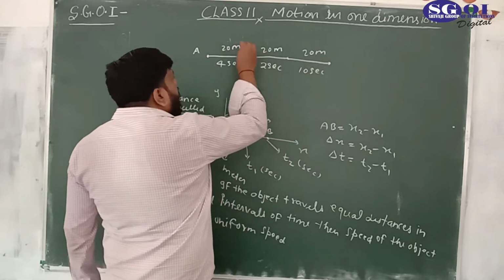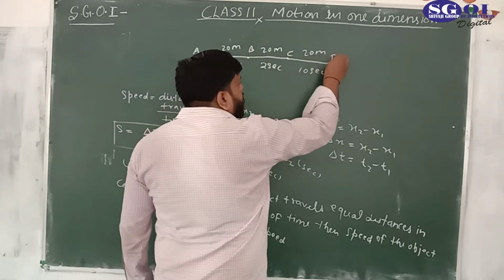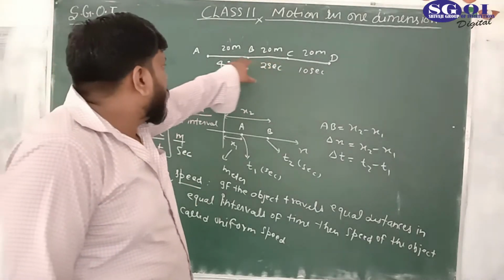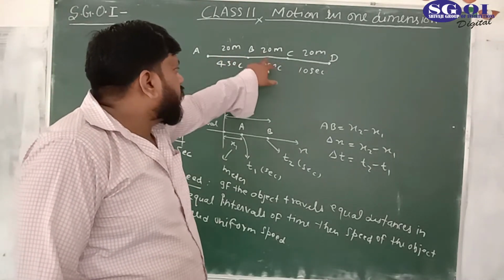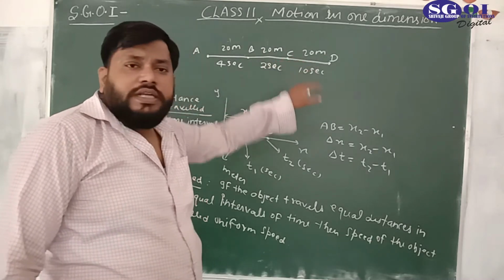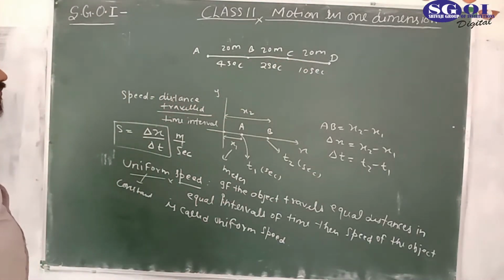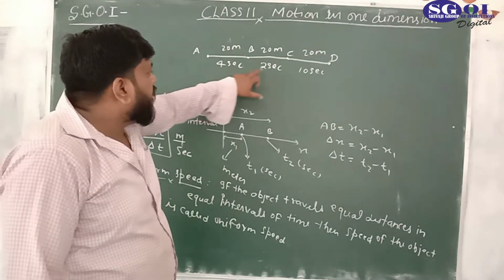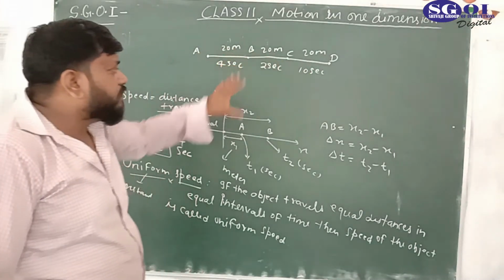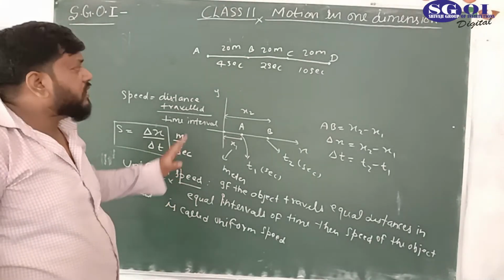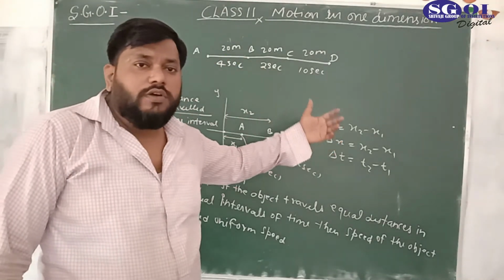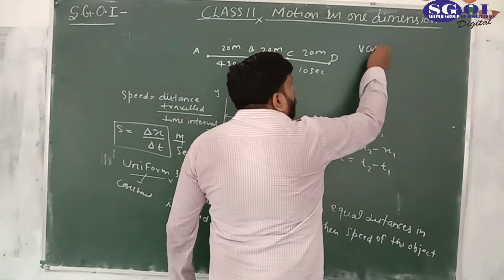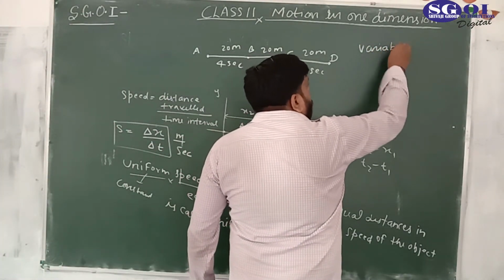And finally it reaches place D. So the object covers equal distances but in unequal intervals of time. Here the speed is not constant, so the object is moving with variable speed.